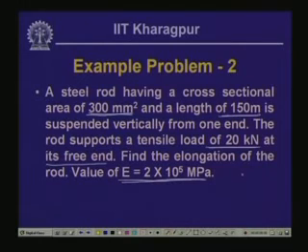So, it is like you have a bar of length 150 meter, and it is supported at one end, it is hung from the top, and at this free end this bar is subjected to a load of 20 kilonewton. The length is 150 meter.